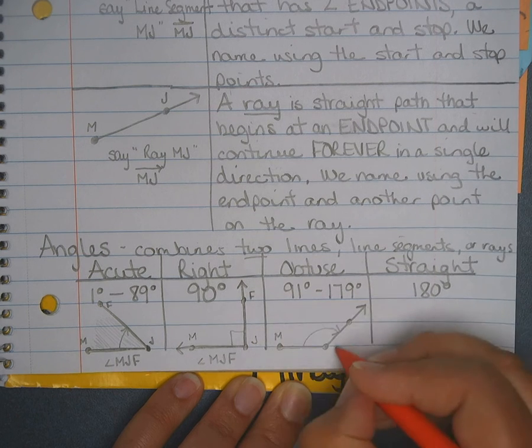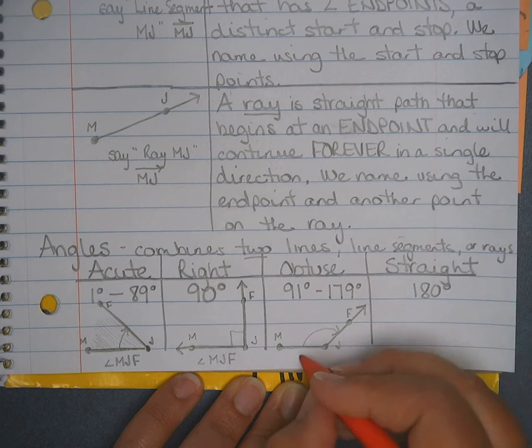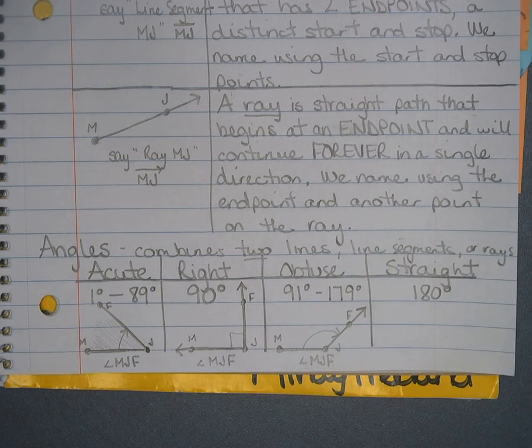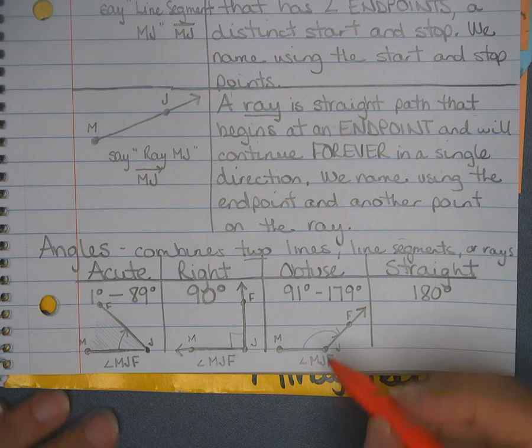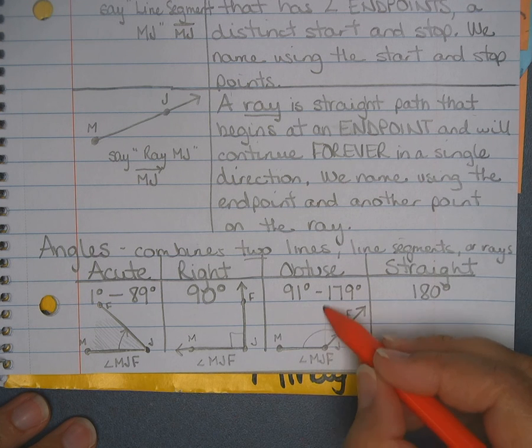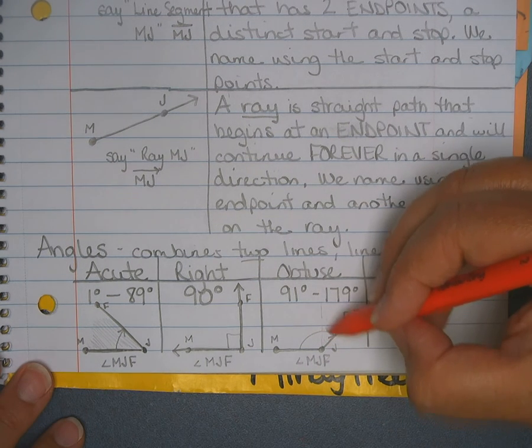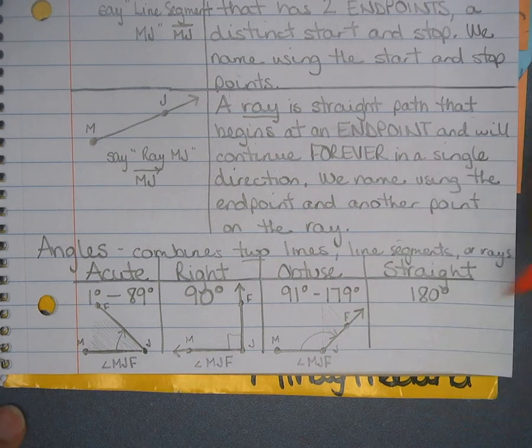Again, labeling them, this would again be angle MJF, but it would be an obtuse angle, measuring past that 90 degrees, opening up into kind of this larger area outside and past that 90 degrees.